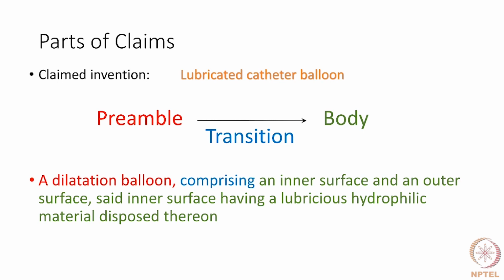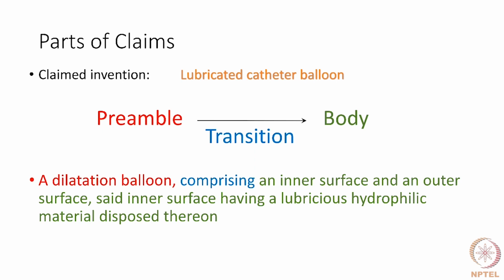So the lubricious hydrophilic material in the inner surface, which forms a part of a dilatation balloon, makes this invention unique. You need to understand that the more patent specifications you read, the more comfortable you will get with the structure of the claim. So claims, if they are for a combination, normally have these 3 parts: a preamble, a transition, and a body.